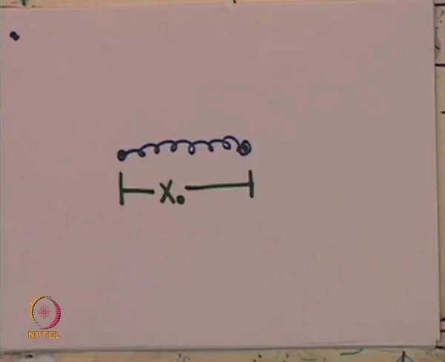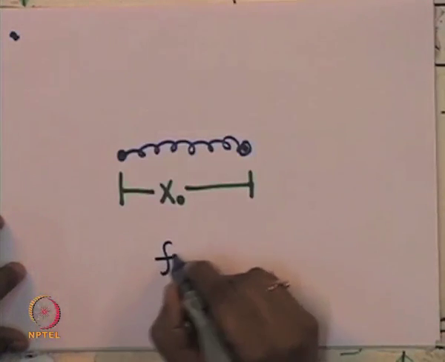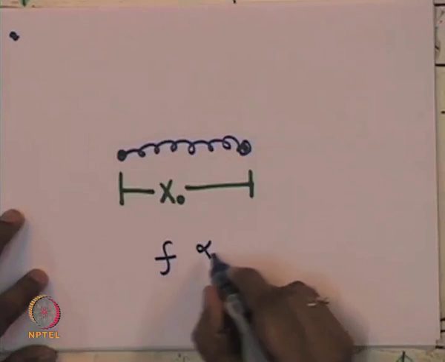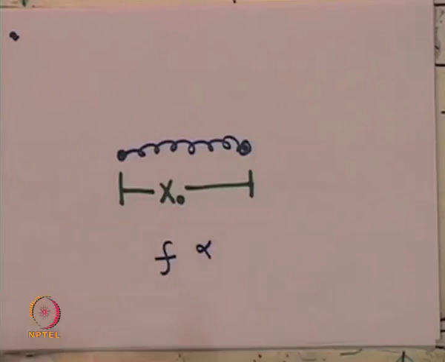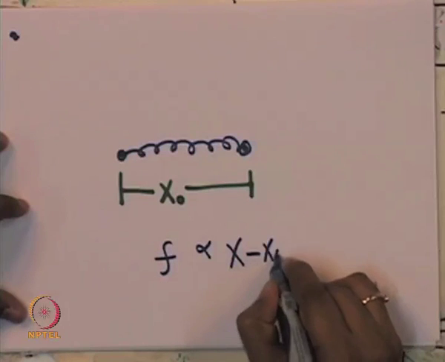Now, the more force you apply, the more difficult it is to stretch. The force you need to stretch is proportional to how much you go away from x 0, so x minus x 0.